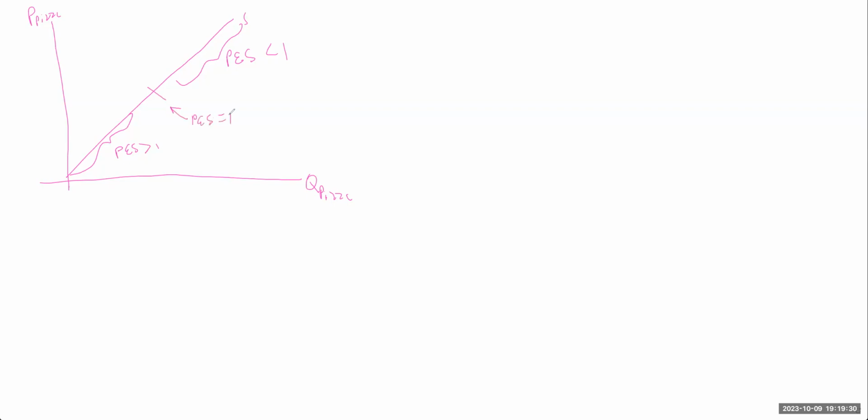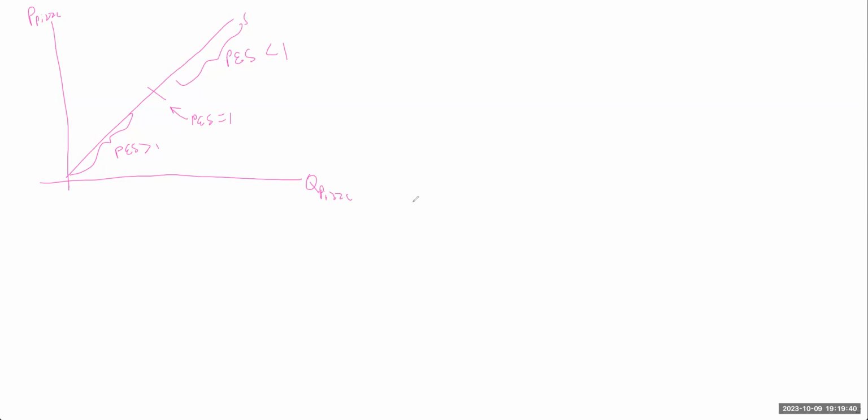Just like demand, here's quantity of pizza, price of pizza, and you have a supply curve looking like this. If you use numbers up here, the price elasticity of supply is less than 1. If you use numbers down here, the price elasticity of supply is greater than 1. And somewhere in the middle, the price elasticity of supply is equal to 1. Even though the slope is identical, the calculated price elasticity of supply can differ.